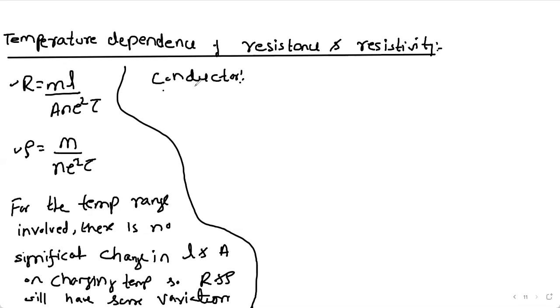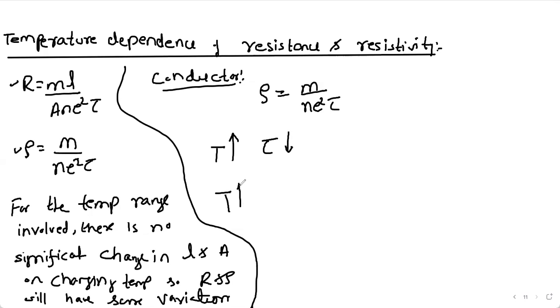First, do it for conductors. Rho is m by n e squared tau. If I increase temperature, then mass will not change, electronic charge will not change, but the relaxation time will decrease.